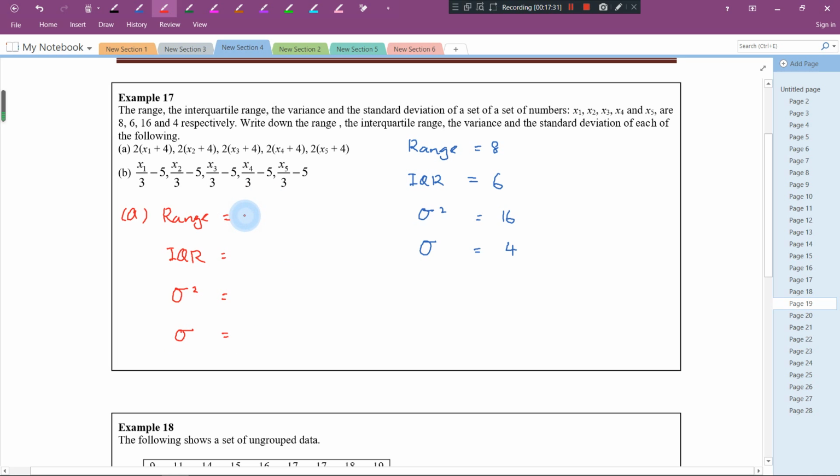Okay, for the range, be careful. For measures of dispersion, range, interquartile range, variance, and standard deviation, plus and minus will not change their value. Only multiply and divide. Okay, we'll repeat that right here again.